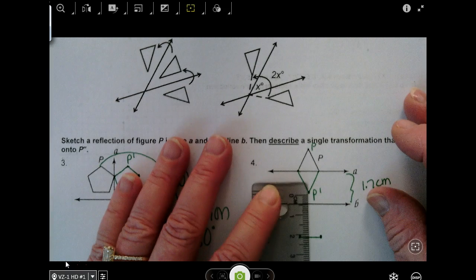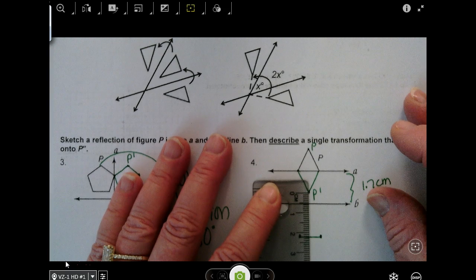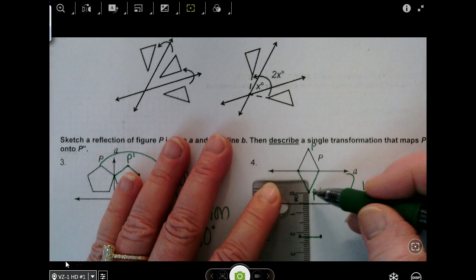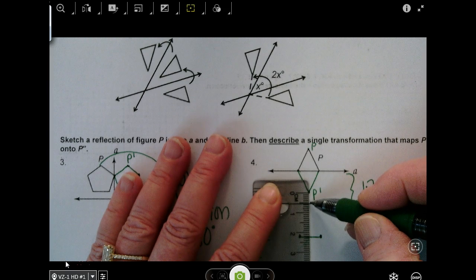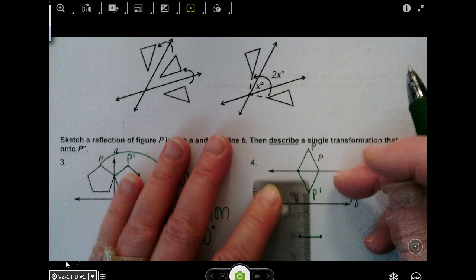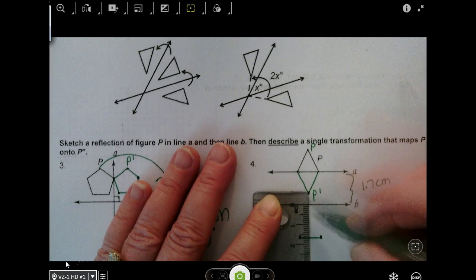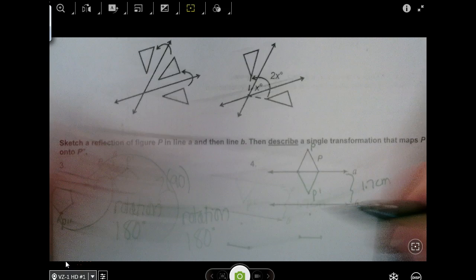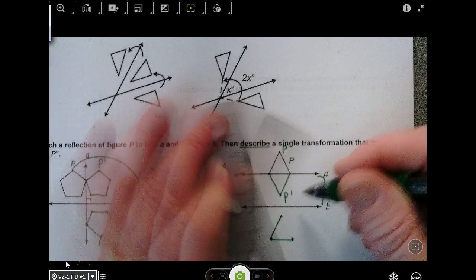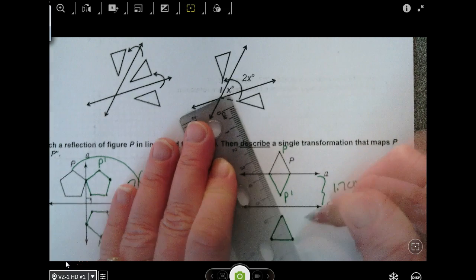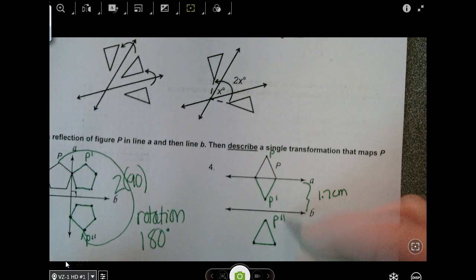Then I got to measure how far P prime is away from line B. Are you guys getting about 0.6 or 0.5? 0.5 is good. Okay, go to the other side. Make your triangle. Okay, and that's P double prime.